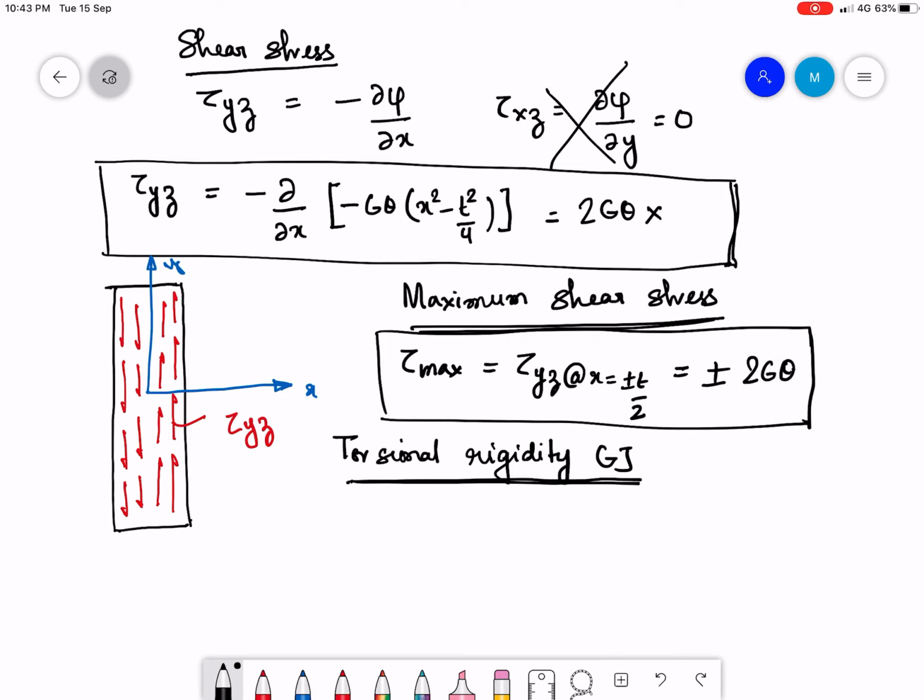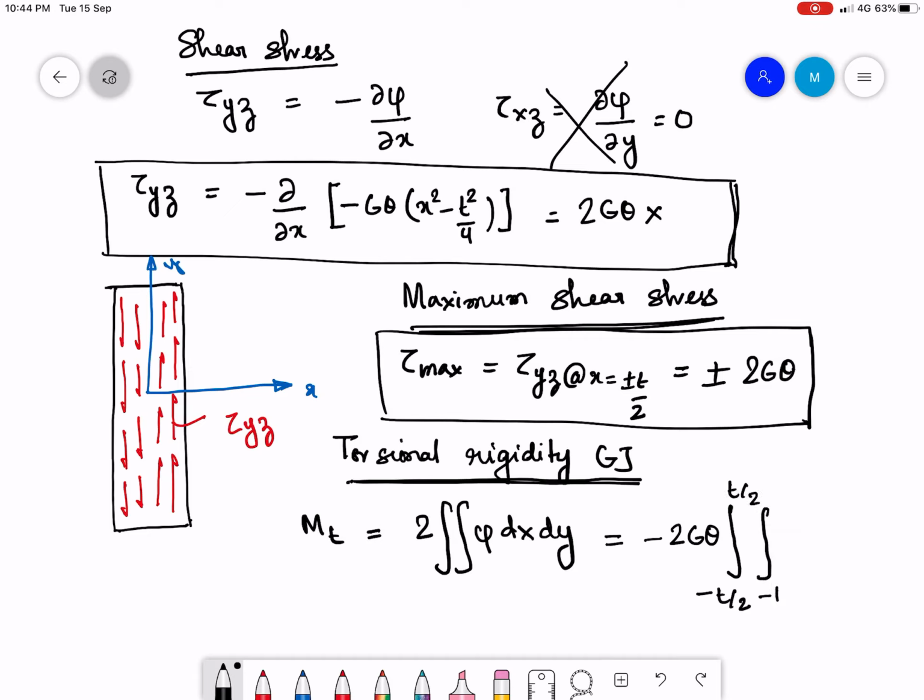So, therefore, I can write Mt is equal to 2 double integral of phi dx dy, okay, and that is going to be minus two g theta, integral from minus t by 2 to t by 2 and minus b by 2 to b by 2 of x square minus t square by 4.